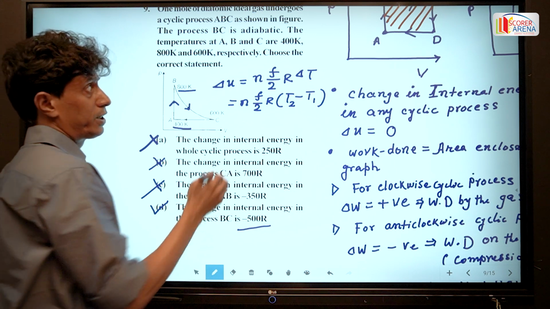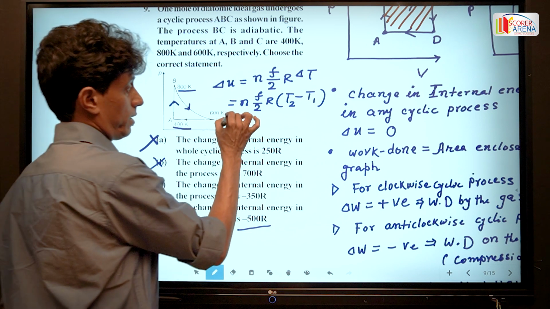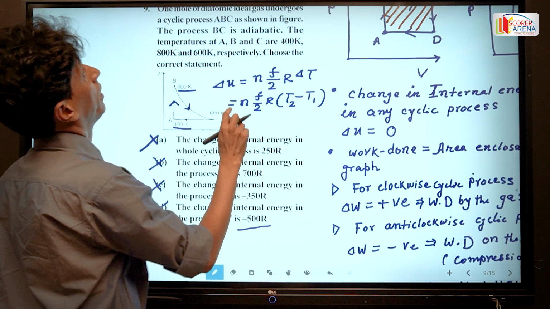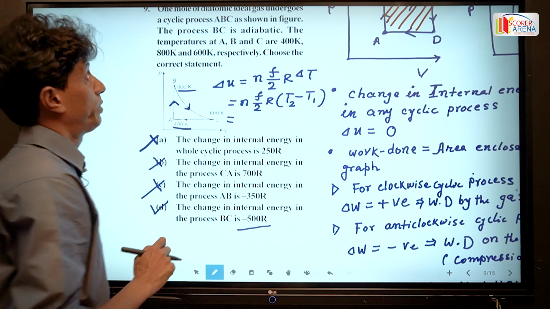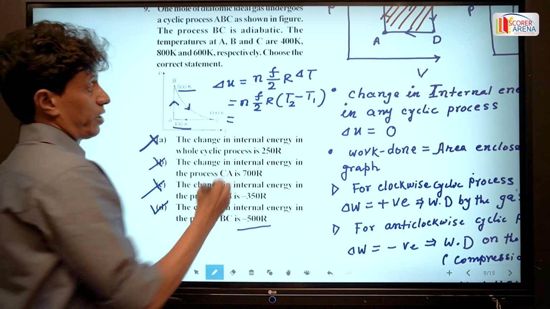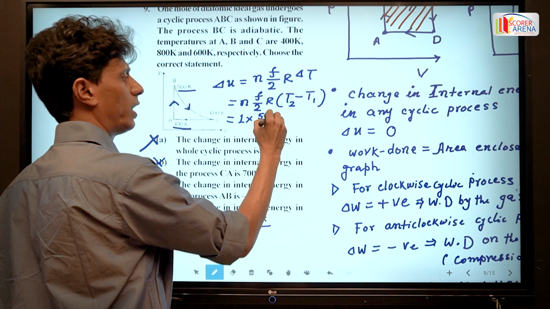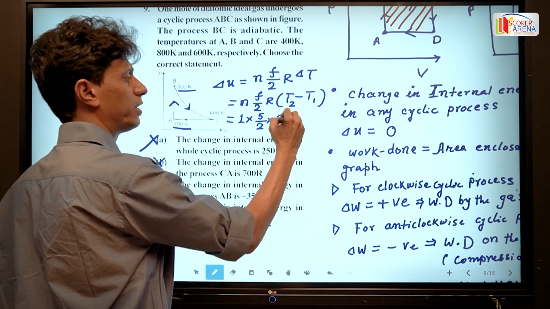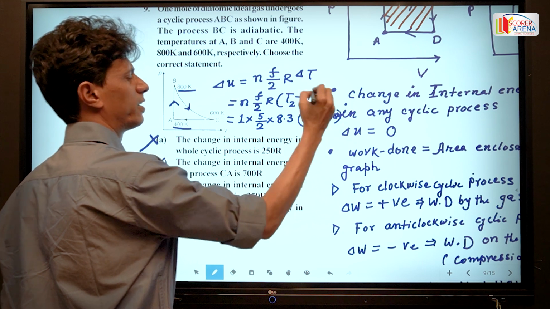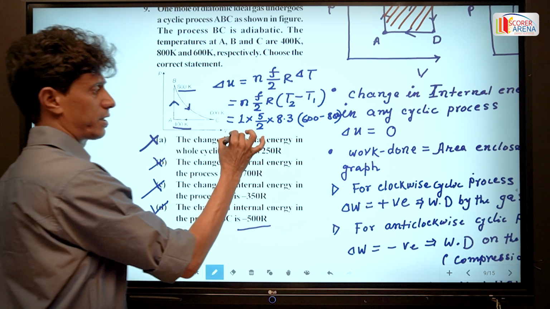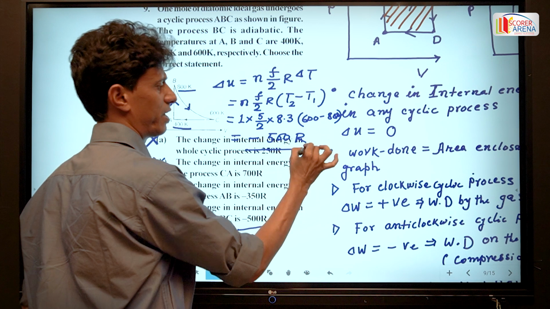Just put in the data given in the problem. You know it is 1 mole of diatomic gas, so n is 1 and f is 5, R is equal to 8.3, and the temperature is 600 minus 800. So the answer comes out as minus 500 R.